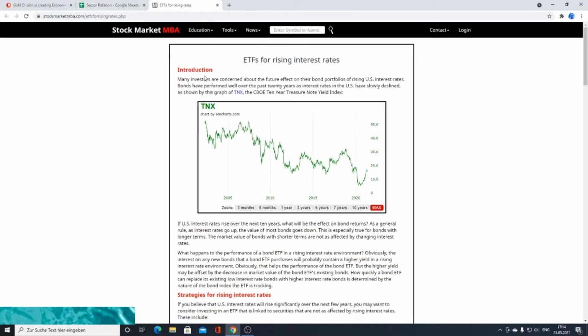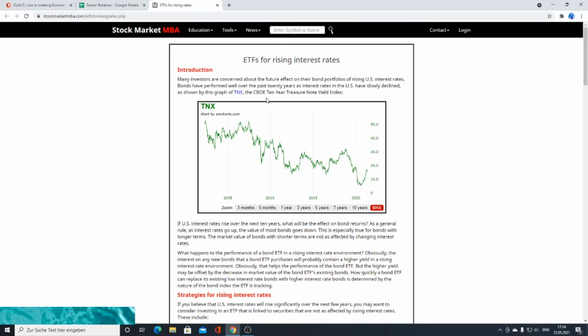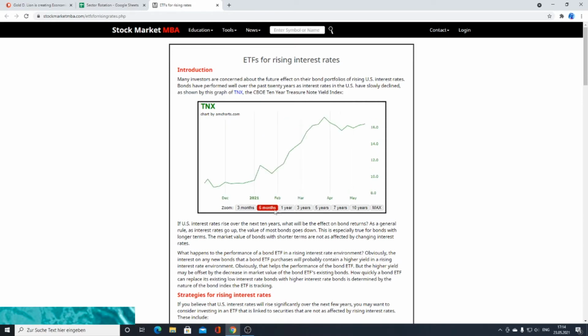So when we have a look at interest rates, use a TNX indicator, which is the 10-year Treasury note yield, which we kind of looked at before anyways. But when we look here at the past 6 months, let's do 1 year, we can see that interest rates are on the rise, at least for the 10-year notes.